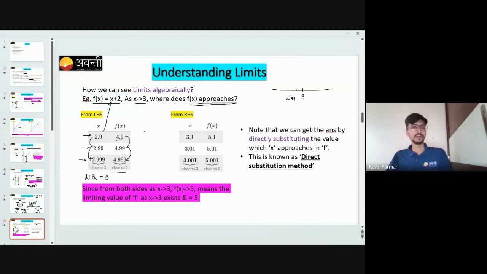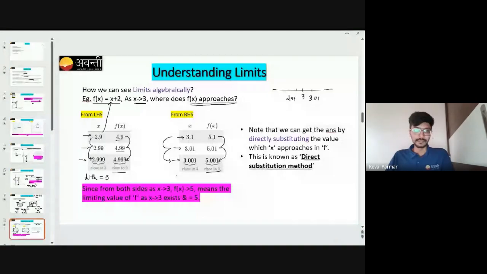Now let us see what happens when we approach from right hand side. Right hand side means values greater than 3. Suppose I take 3.01. So here we have taken three values again: 3.1, 3.01, and 3.001. As you can see, as we move closer and closer to 3 from right hand side, the function moves closer and closer to 5.